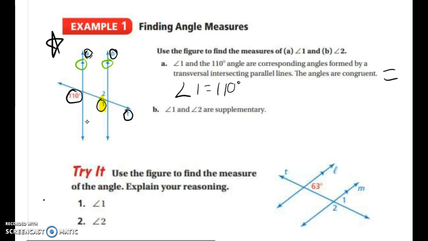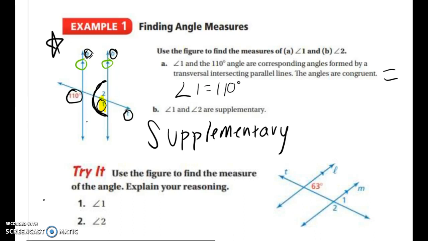Part B is saying that angle 1 and 2 are supplementary. These two angles here make up that line. A little while ago, with a couple of topics, we wrote out the word supplementary and turned that into 180, to remember that two supplementary angles add up to be 180 degrees.